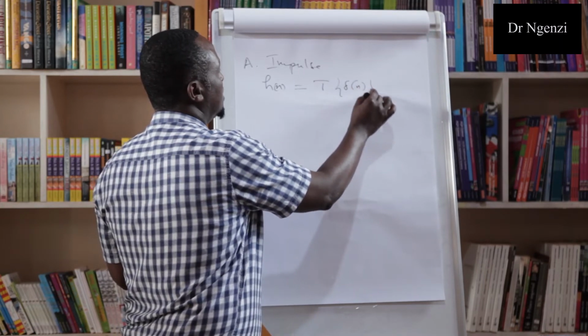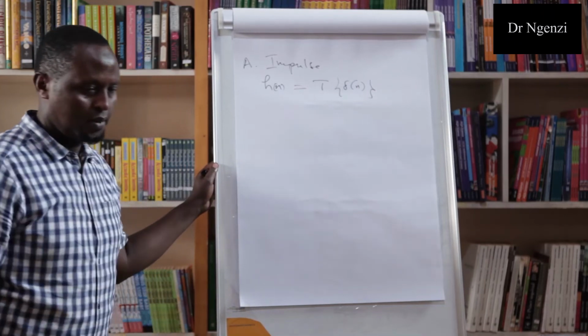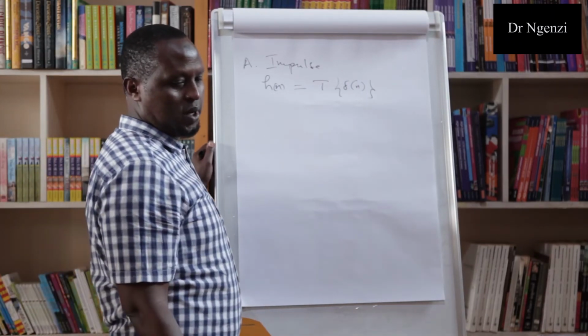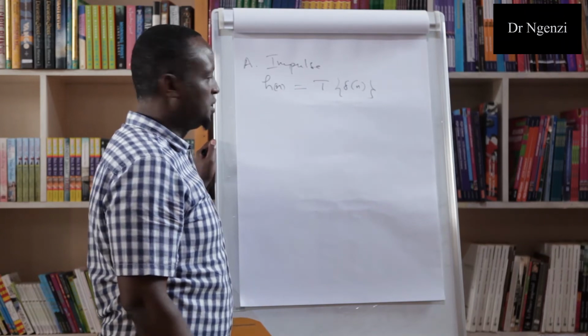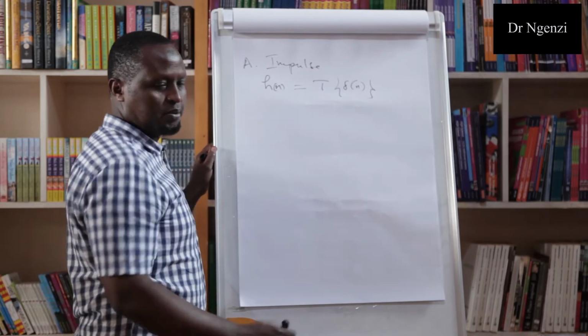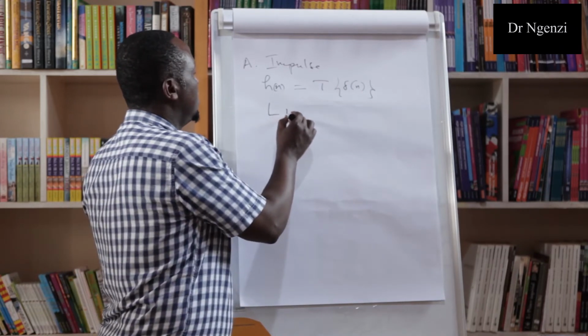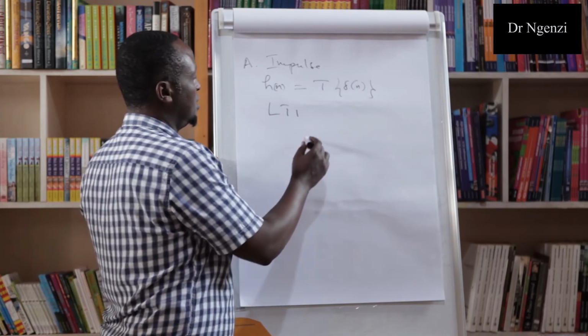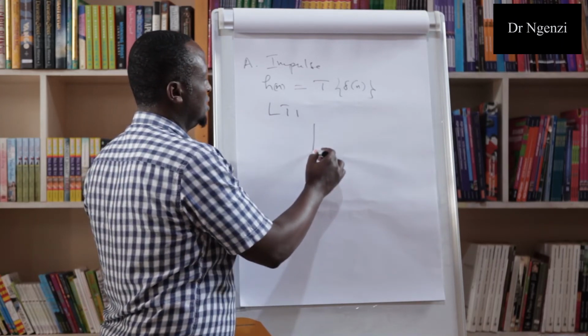Using the time invariant system, you end up getting a linear time invariant system, which can be shown in this way.